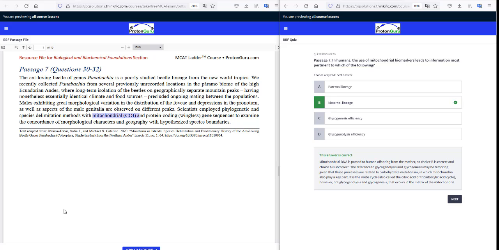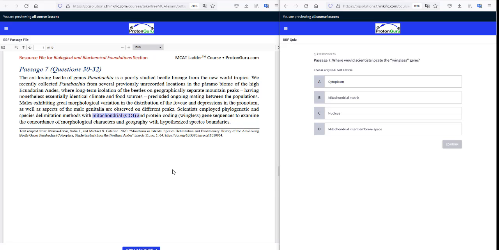And it's actually the Krebs cycle, not glycogenolysis or glycogenesis, that occurs in the matrix of the mitochondria. All right, the last question about this passage: where would scientists locate the wingless gene? Right, the wingless gene is not something we studied. It's actually in the passage. It's mentioned right here.